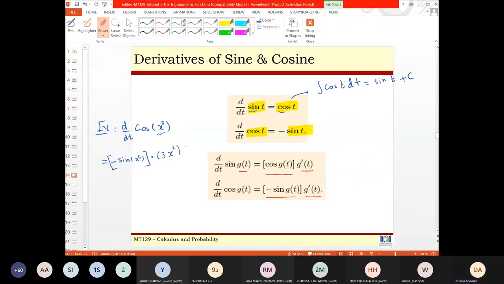Okay, if the derivative of the cosine is minus sine, then the integration of sine t dt is equal to what? Be careful. The integration of sine, and watch the sign. It will be what? Minus cosine t, excellent, plus c.